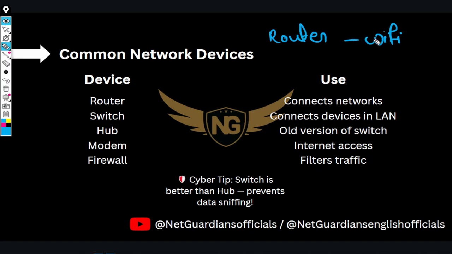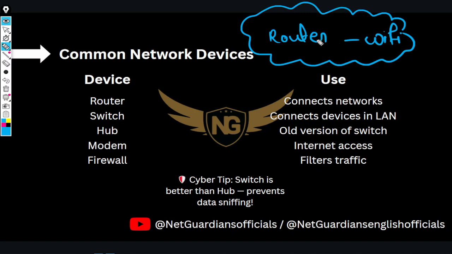Many people think these both are similar, but they are wrong. Router is different, Wi-Fi is different. Wi-Fi means wireless access point, also called WAP. These both things are different from each other.